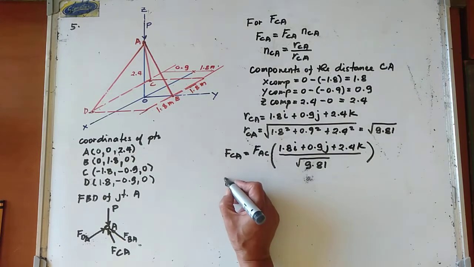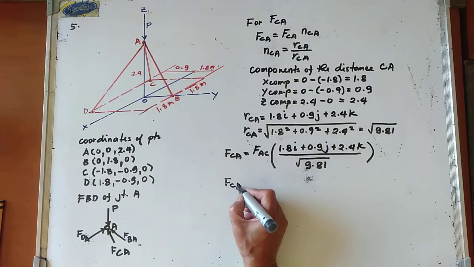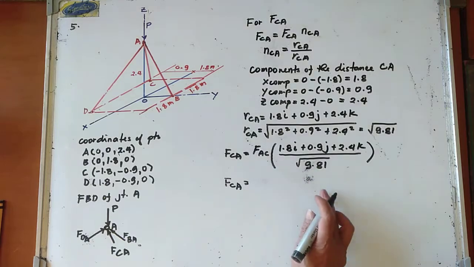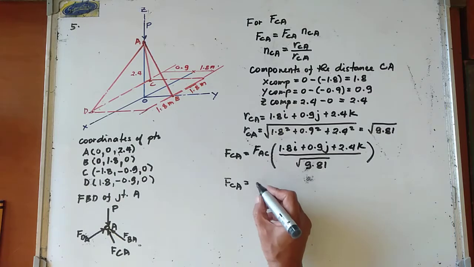So FCA is equal to 1.8 over the square root of 9.81, 0.575.